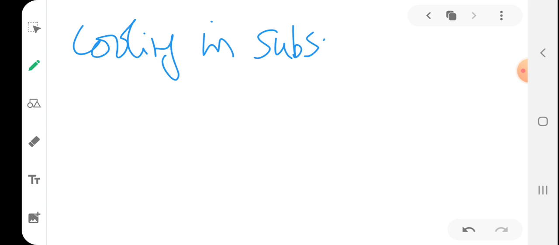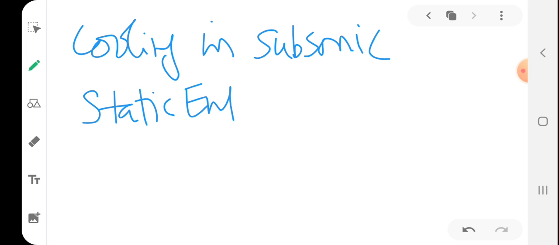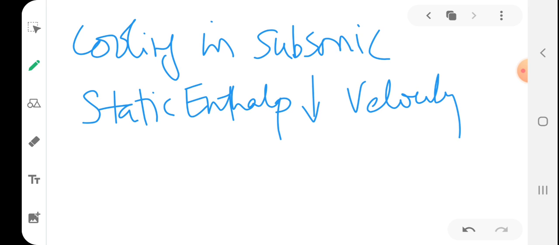We'll write it: cooling in subsonic, static enthalpy decreases, velocity also decreases.